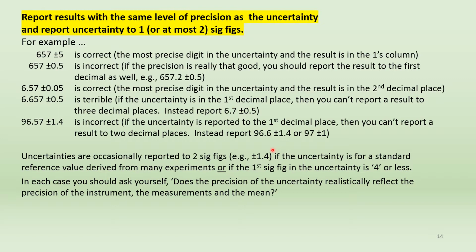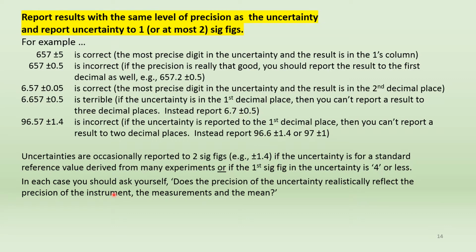It's about 7%. Now you might say, well, 7% is a lot, but remember, these are not exact numbers. These are just most likely, most probable estimates. So the rule is 1 sig fig unless your uncertainty has a 4 or more in the first sig fig of the uncertainty, in which case carry 2, but no more than 2.